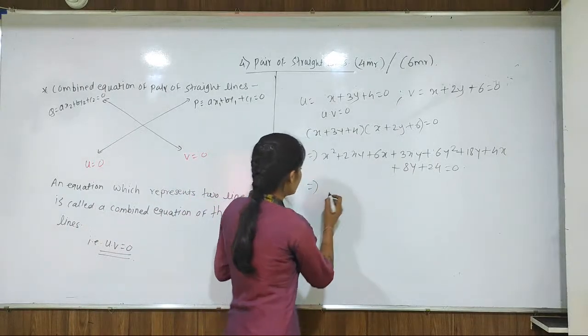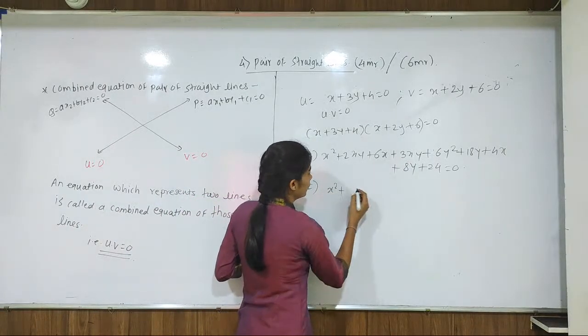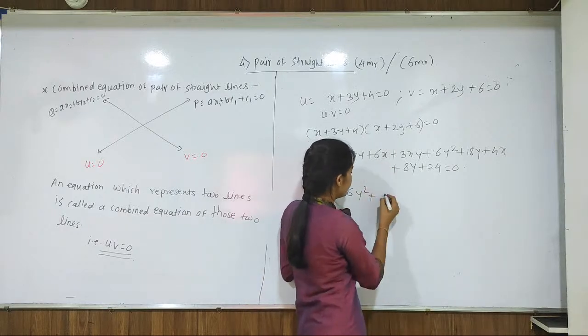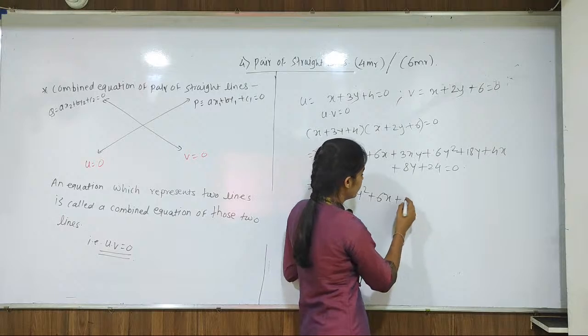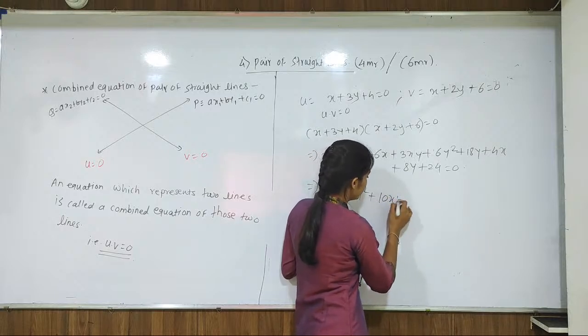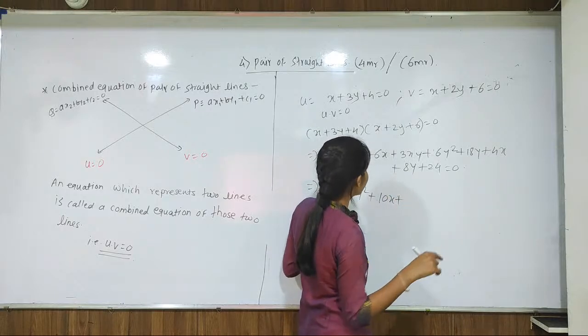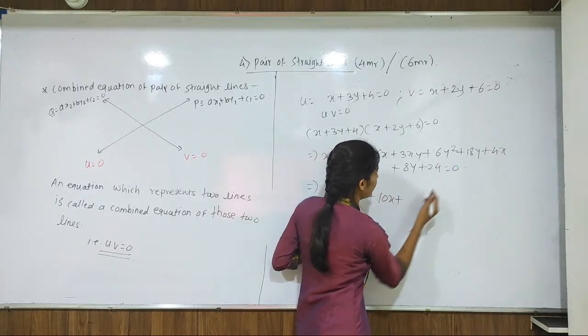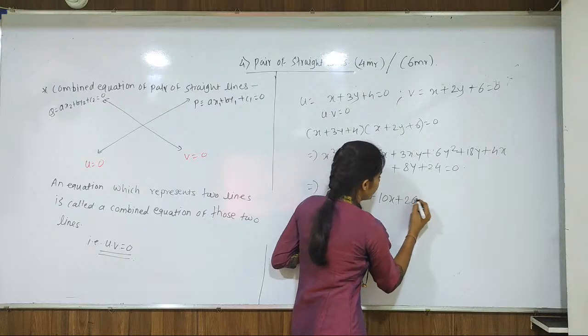in this form. So it is x square plus 6y square plus 2gx means x term. So it is 6x plus 4x, it is 10x. 10x plus 2gx plus 2fy. So 2fy, it is 8y plus 18y, then it is 26y.